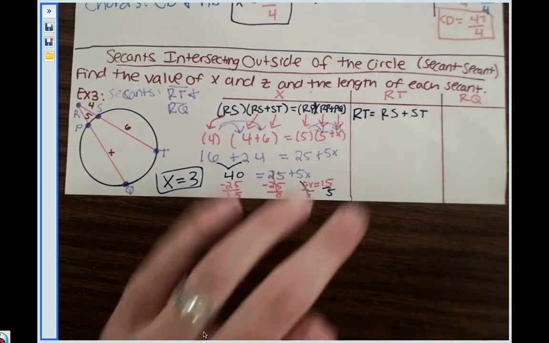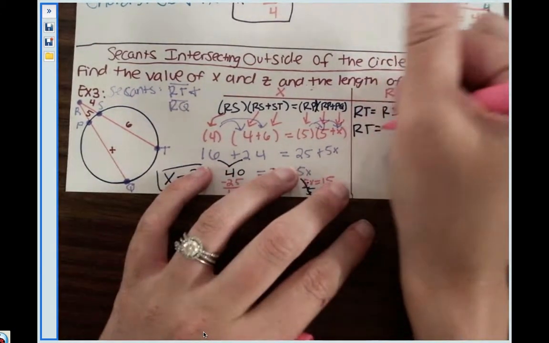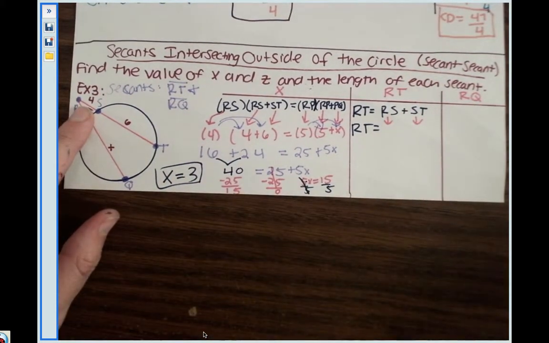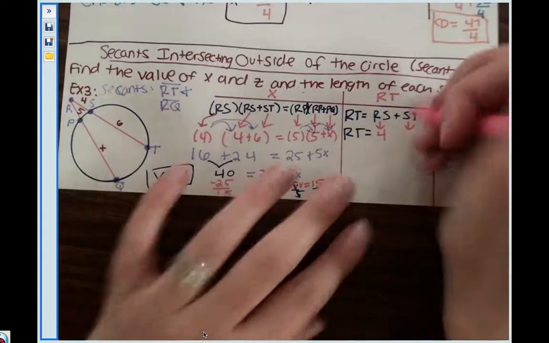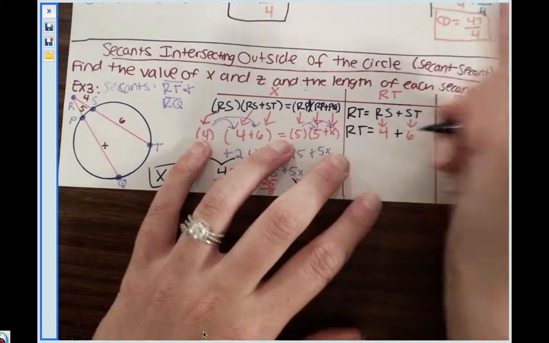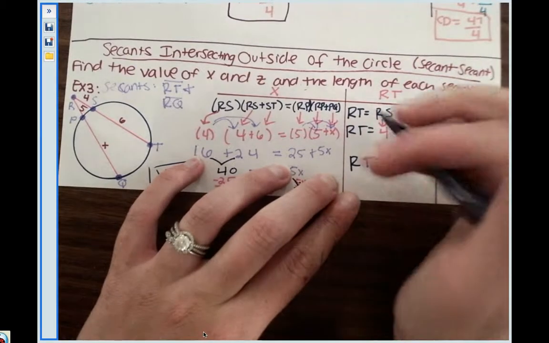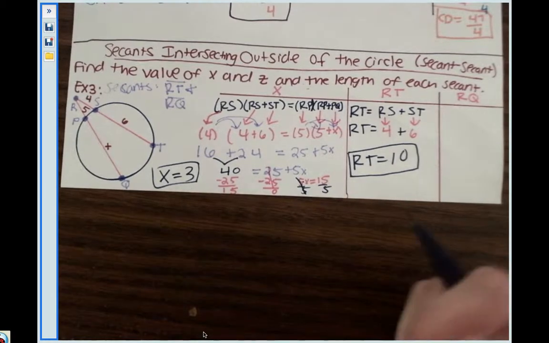Okay, so we're going to have RT equals RS and ST, which RS is 4. Okay, so I'm going to have 4. And ST is 6. So I'm just going to add 4 and 6 together, which is 4 plus 6, you guys. Yay, it is 10. Nice. All right, so RT is 10.